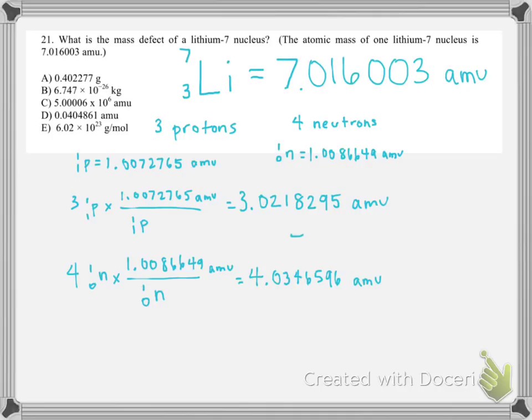So now we're just going to add those together to get what we expect the total mass to be. So the mass we get is 7.0564891 AMU.